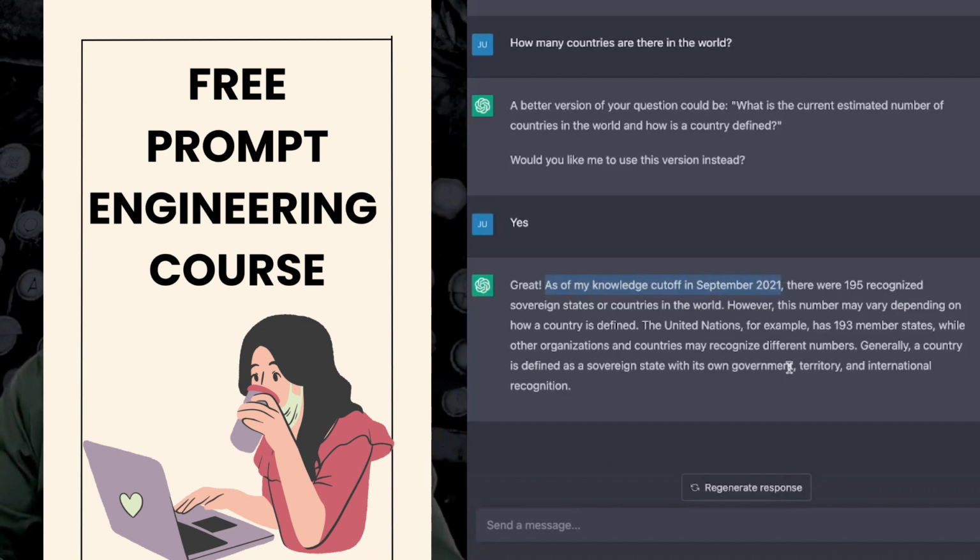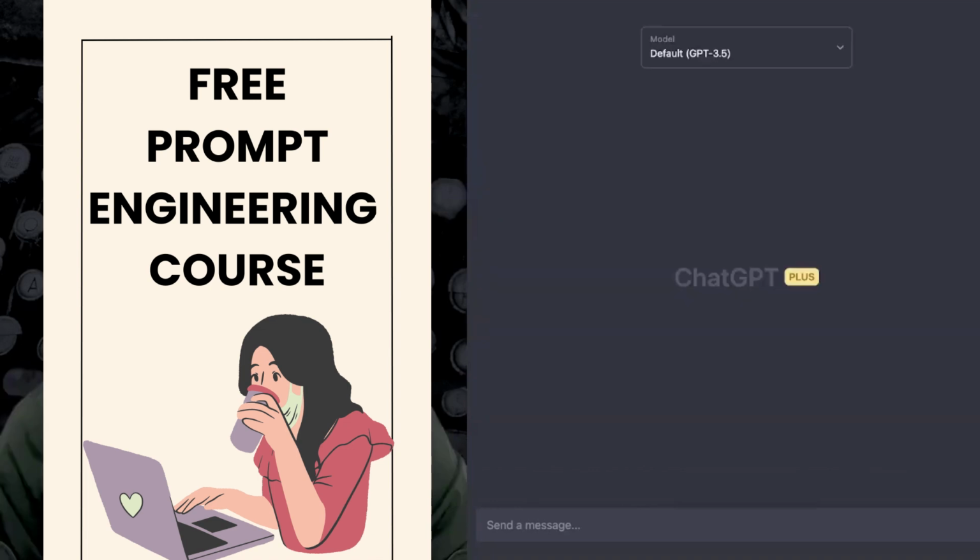So one of the other things we may need to do is remind it of what has happened since it finished being trained, and we can use a prompt to provide information to the large language model, like ChatGPT, about what happened after it was trained. So we can also use it to provide information that the large language model didn't have access to when it was trained, like our own private information or other things.